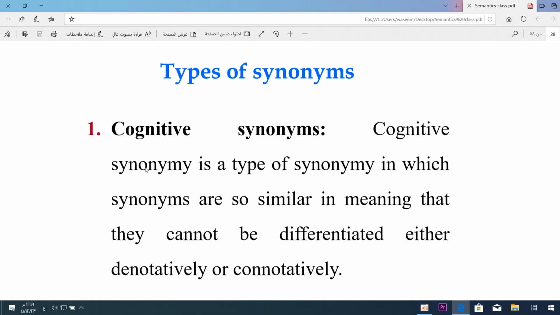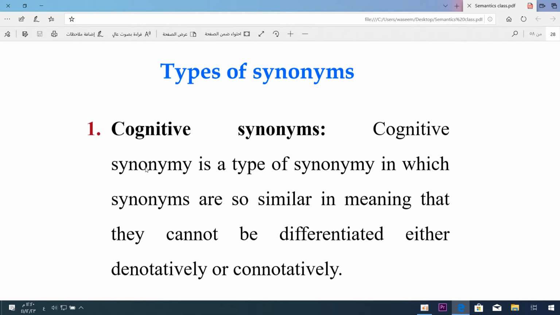Jack Anderson passed away only last year. But you cannot say that Jack didn't pass away, he only died. Why is it impossible to do so? Because both words are perfect or cognitive synonyms. So hopefully this is very clear. We don't want to make things complicated.